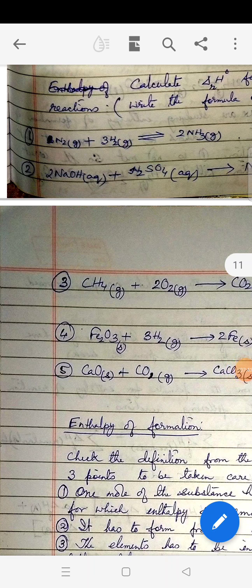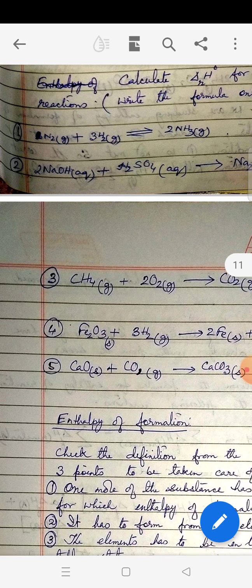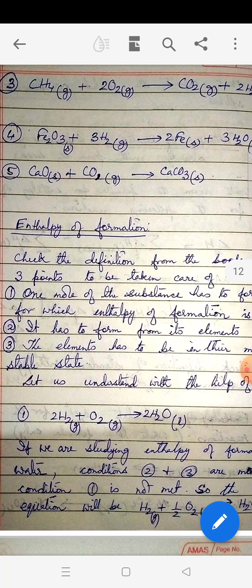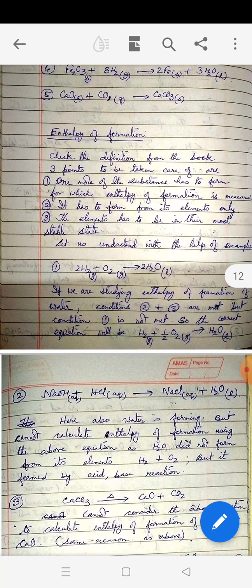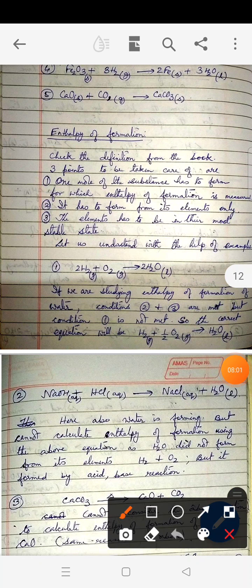Now when you write enthalpy of formation, a few things need to be taken care of. Please check the definition of enthalpy of formation from your textbook. The points which need to be remembered: for the substance whose enthalpy of formation you are calculating, whatever equation you consider, 1 mole of the substance has to form in the balanced chemical equation.